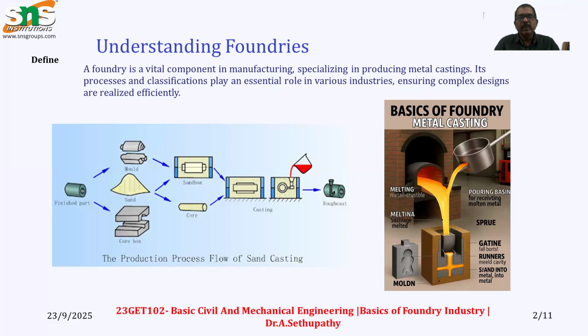Different parts, different equipment, or different machines are manufactured by different types of manufacturing processes. In the foundry process, mostly automobile parts and heavy machine parts are manufactured. It specializes in producing metal castings, plays essential roles in various industries, and various complex designs are manufactured by this method.